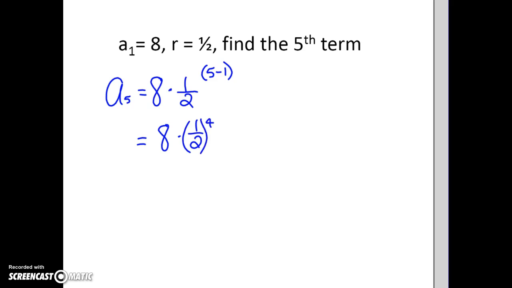Make sure that 1/2 goes in parentheses before it goes in your calculator. 8 times parentheses 1/2 raised to the 4th. And the answer is 1/2.